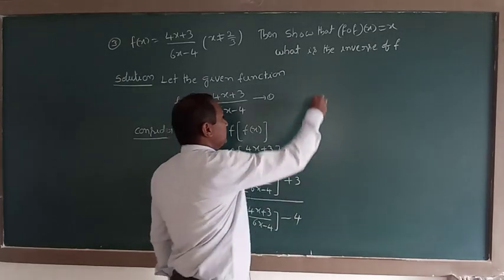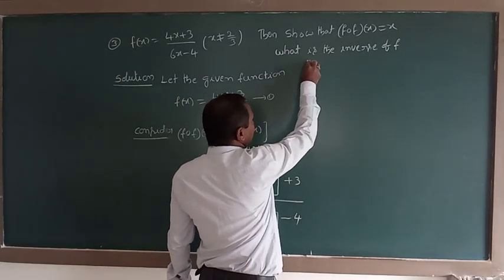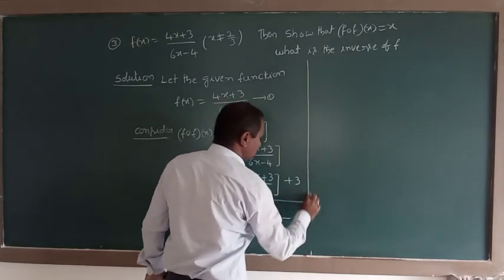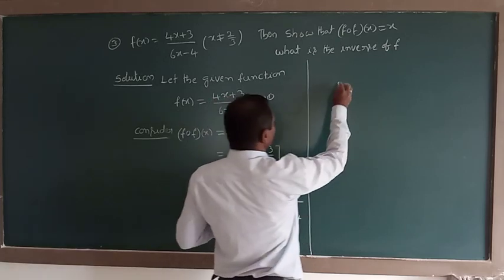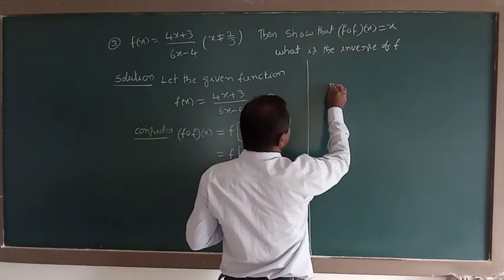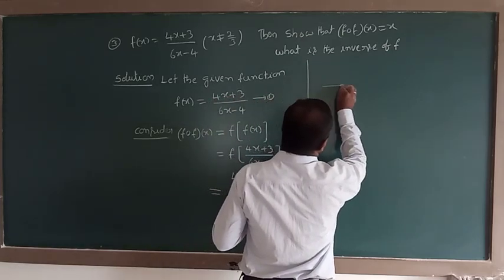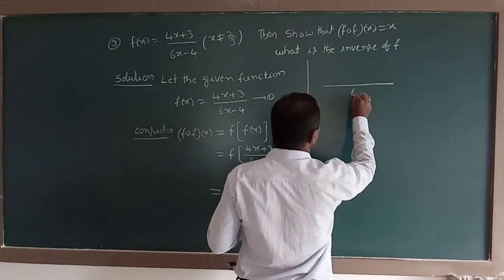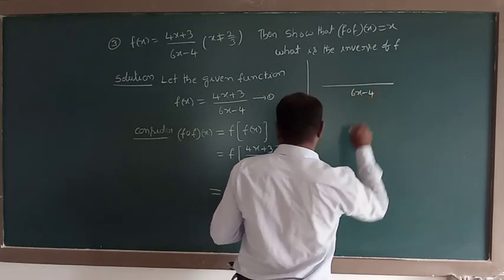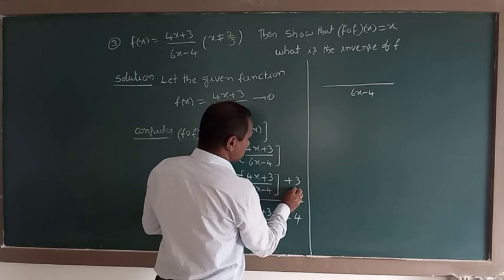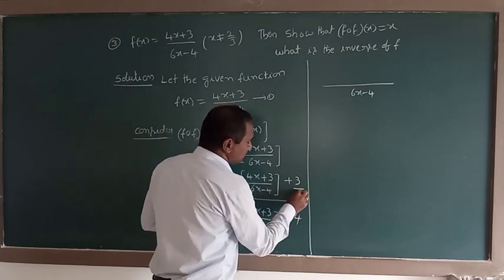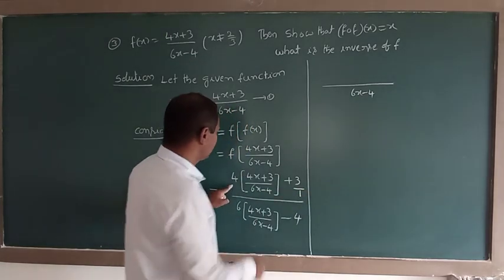See here, LCM for numerator and denominator. LCM for numerator is 6x minus 4, and taking cross multiplication. If there is nothing, we consider it is 1 here.